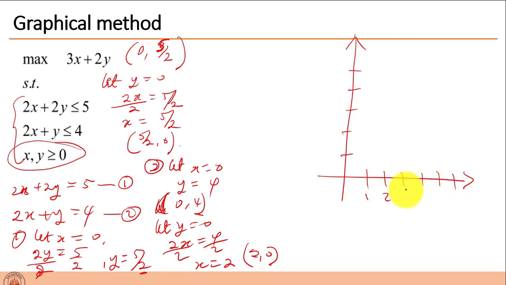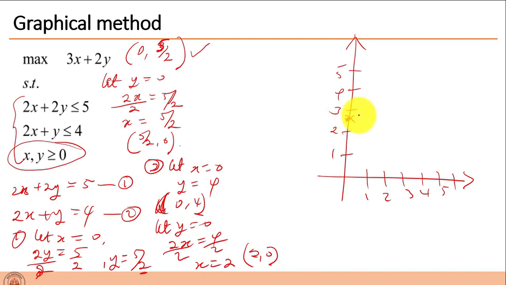Okay, so 1, 2, 3, 4, 5. 1, 2, 3, 4. Again, it's not drawn to scale, so let's see how we can get this done without drawing it to scale. So the first coordinate is 5 divided by 2, 0, and 5 over 2 is 2.5. So we are going to be here.